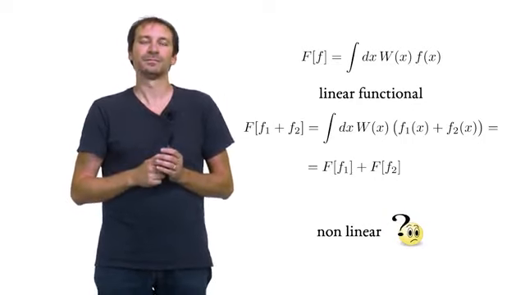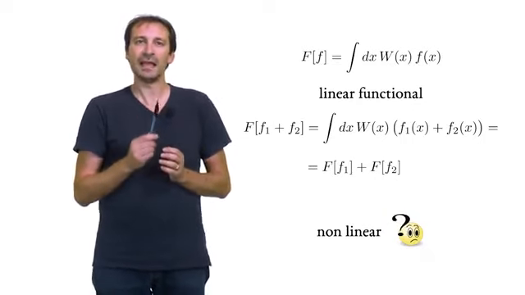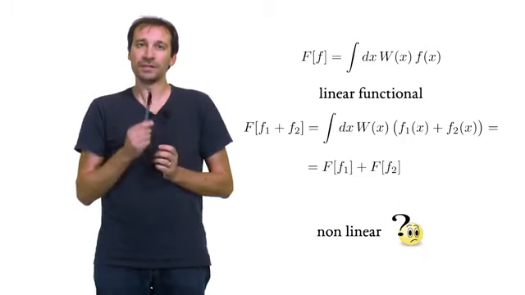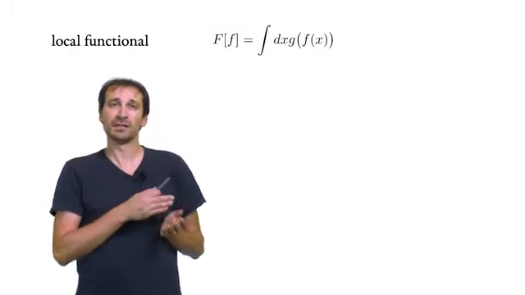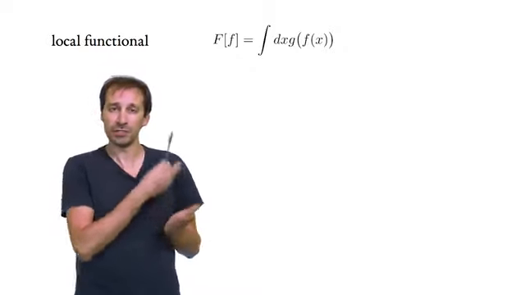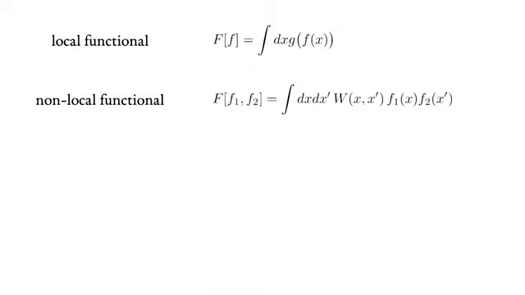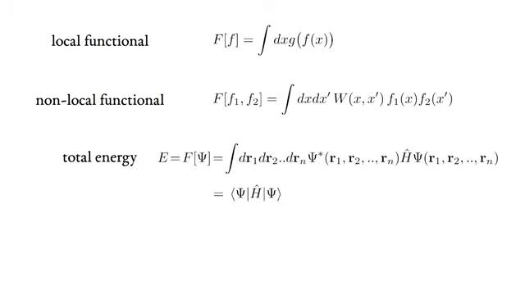Give it a go. In the meanwhile, I can tell you that there are a lot of different classes of functionals. Local functionals, built by an intermediate function g, for instance, or non-local functionals of two functions. An important one, in our case, is the total energy, which is a functional of the many-body wave function.